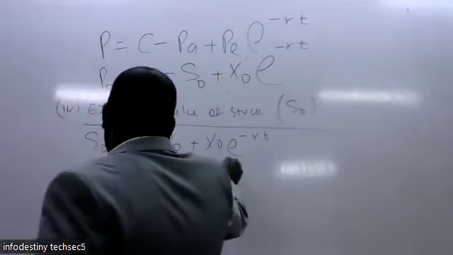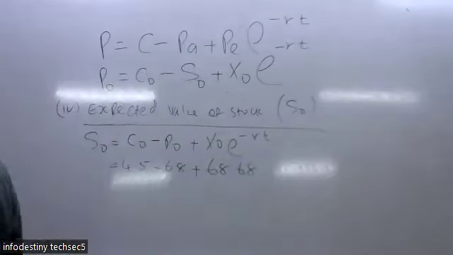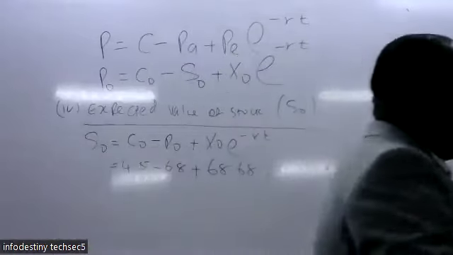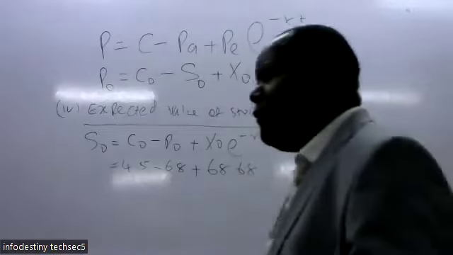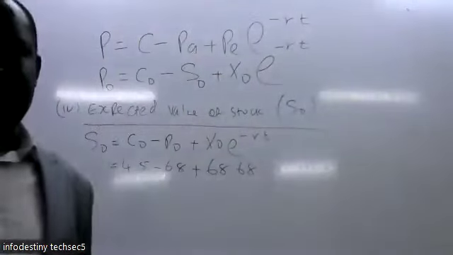Remember this one was 68. That's now our put-call parity theory. So we just link the price of all the four components, then we come up with their respective values.